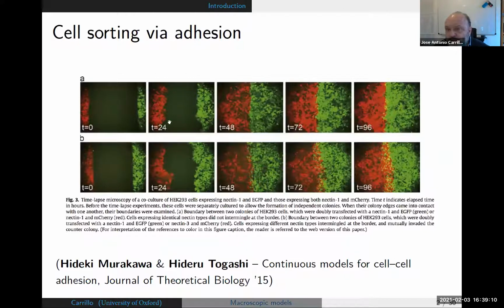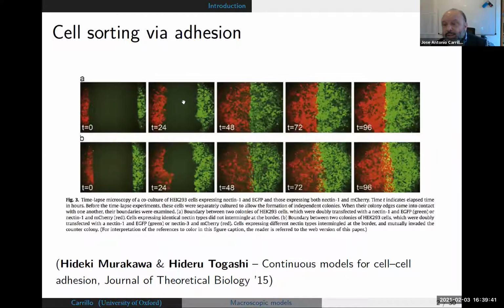In the first row, you see these cells just growing. They are the same kind of cell, even if you have this different color. This is just artificial for the experiment, just to make a distinction between the two sides of the colony, say. But they are essentially exactly the same type of cell. They are hepatic cells from mice. It doesn't really matter the type of cell at this point.